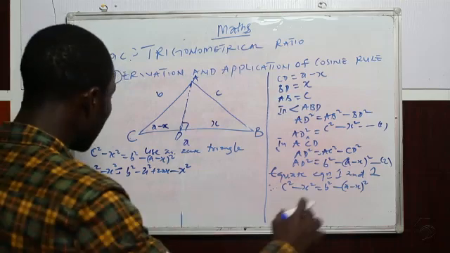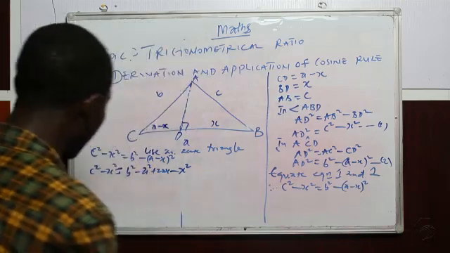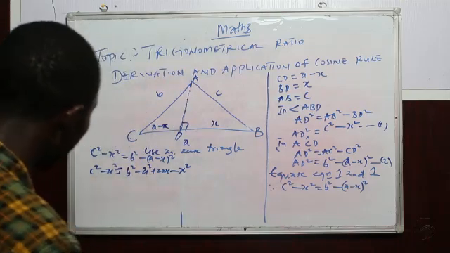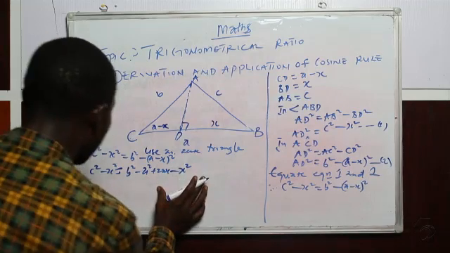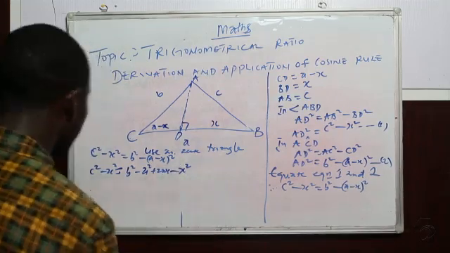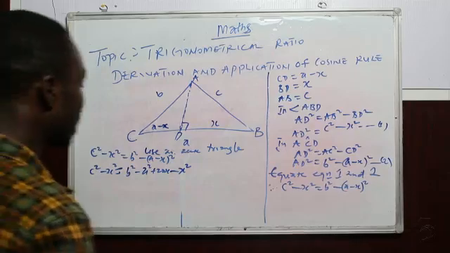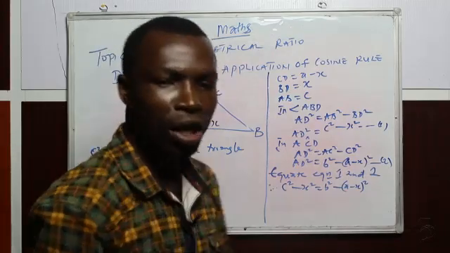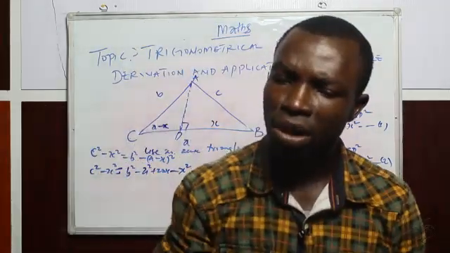Now we've expanded the bracket. The next thing we have to do is collect the like terms to make 2ax the subject of the formula.